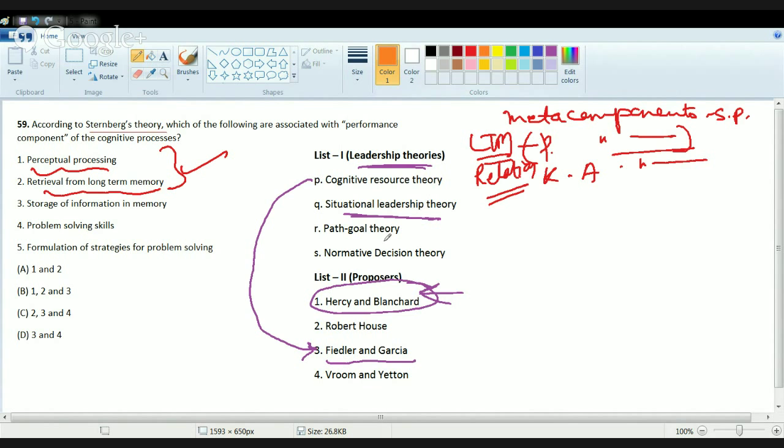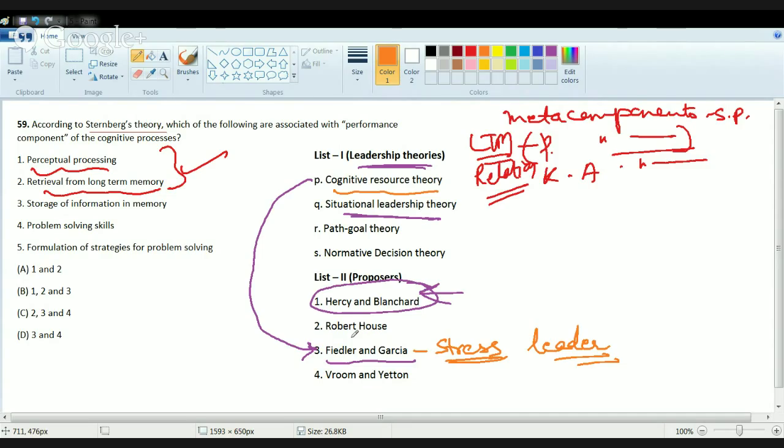If the leader is able to face the situation under stress, then he is a good leader. He has good understanding and good resources.